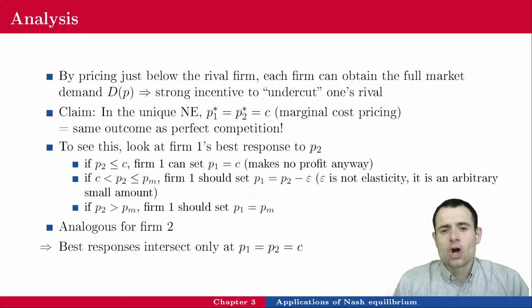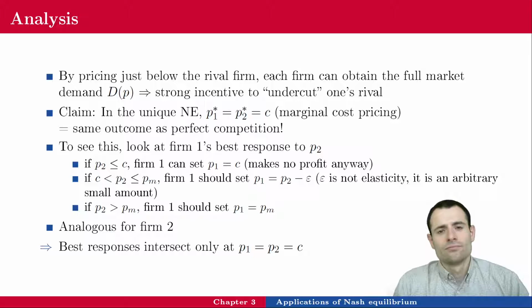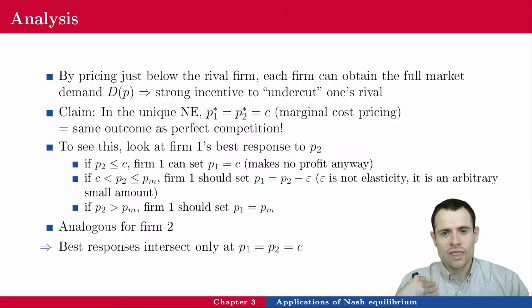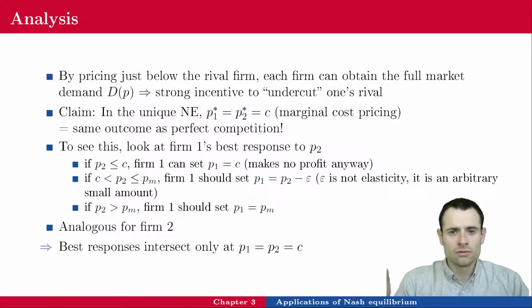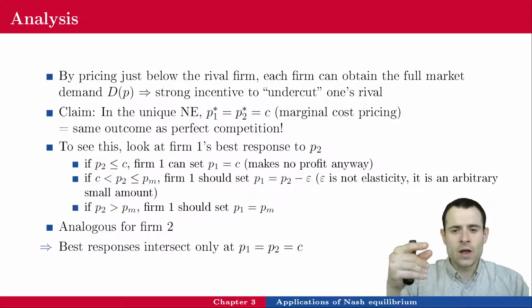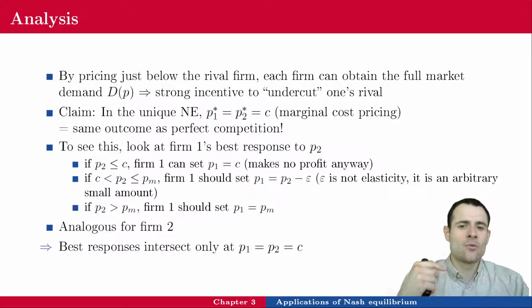This is what we call common knowledge of rationality. I know that you know that I know that you know. This is the knowledge that my opponent is rational. And this is my opponent's knowledge that I am rational.